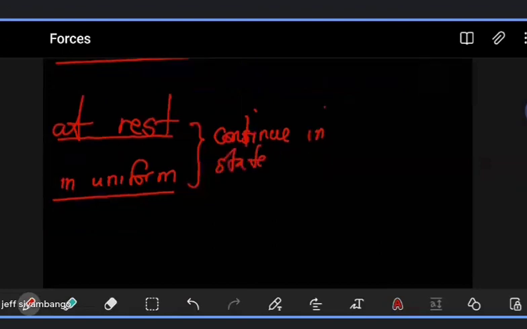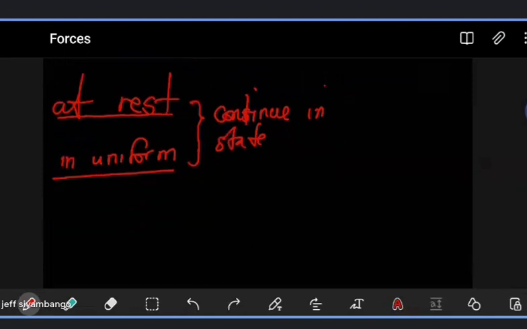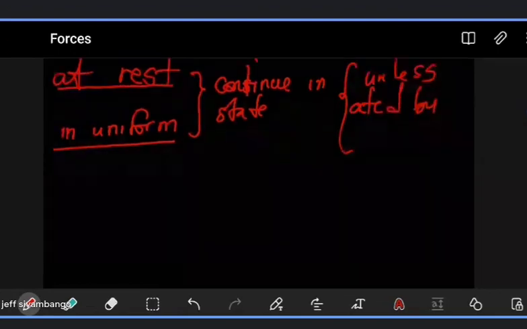If it's in its state of rest, it will continue in its state of rest. If it's in a state of uniform motion, it will continue being in that state of uniform motion unless acted upon by an external force.